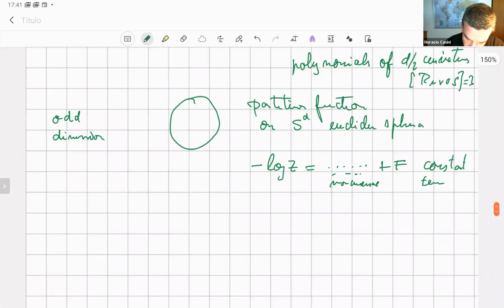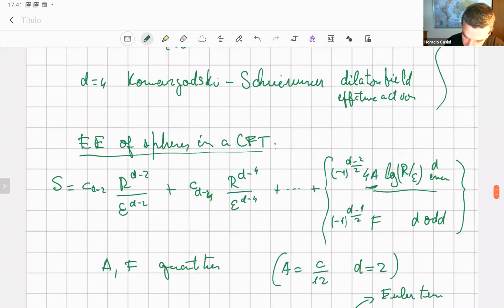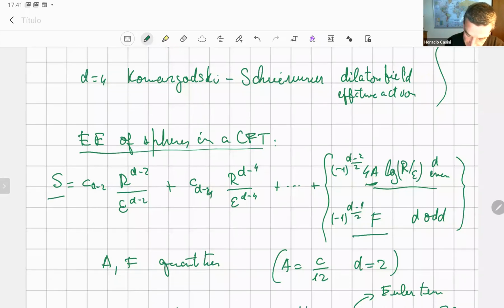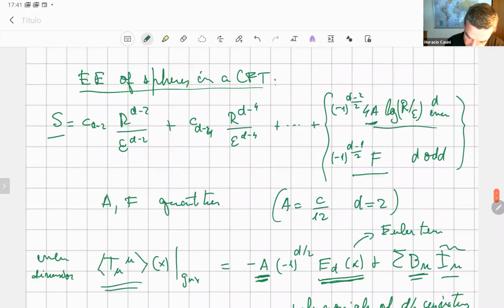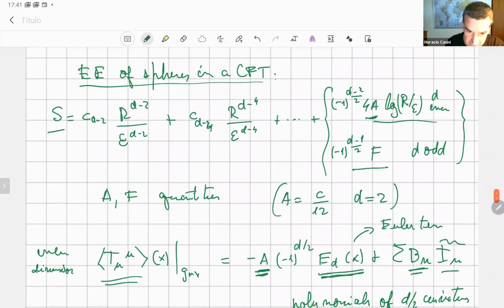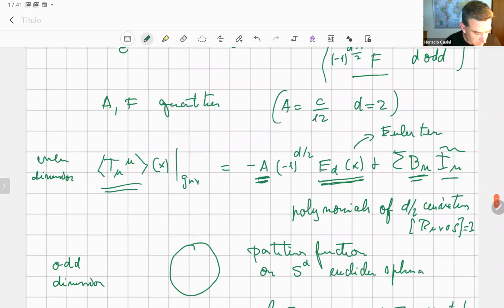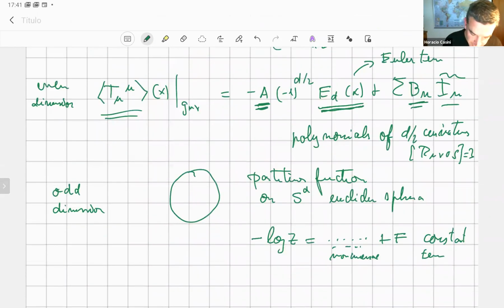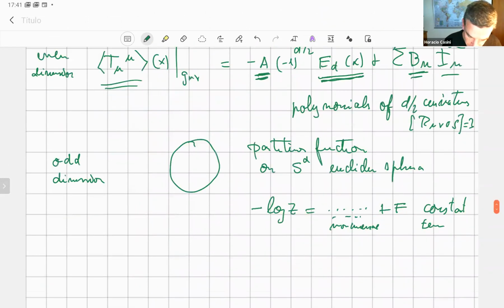I will not do it because of time, on how these same numbers appear in the expansion of the entropy of a sphere. But they are there for a good reason. The proof is in my notes if you want to see that. So let us see how this proof of the irreversibility goes.